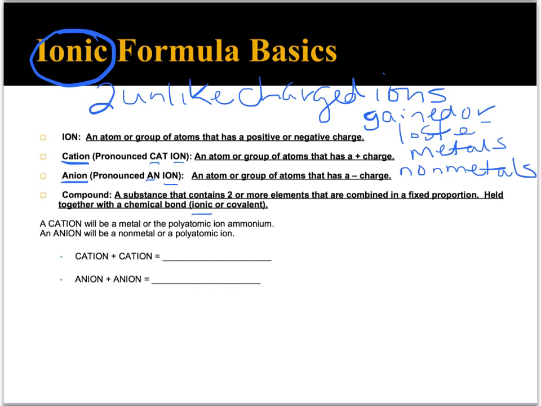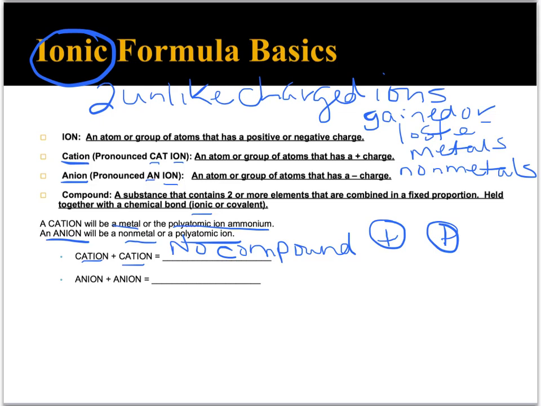Now, cations will either be a metal or the polyatomic ion ammonium. Anions are either going to be nonmetals or one of the other various polyatomic ions. So let's look at what might happen if you combine a cation with a cation. You're not going to get a compound. Why? Because two cations, positive charge combining with a positive charge, like charges repel.